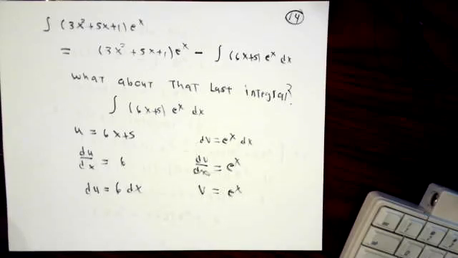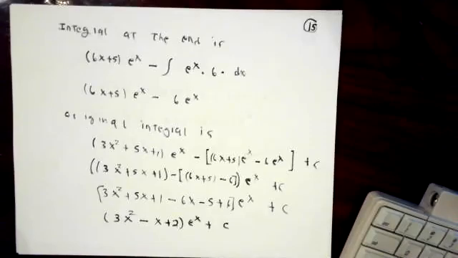I like this a lot better because now this looks very much like those easier ones that we were looking at previously. So doing integration by parts just on that last piece, I find out that the antiderivative of that last piece is 6x plus 5 times e to the x minus the integral of e to the x multiplied by 6 dx. And I'm happy with that.